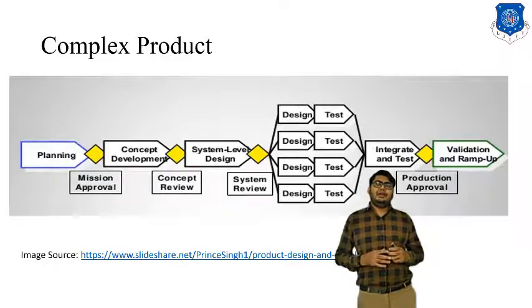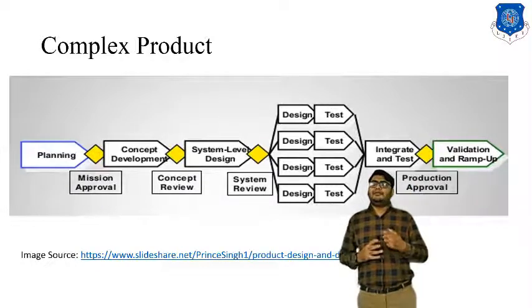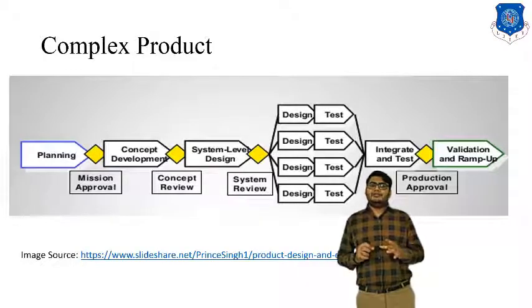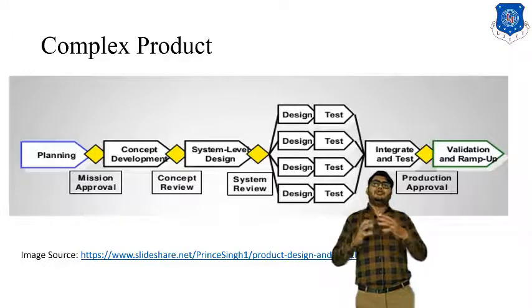After that, we divide our system into different subsystems. For example, if you talk about the design of an aeroplane, then you make a system level design of the aeroplane which will have multiple systems. Then in the detailed design phase, you separate those systems.